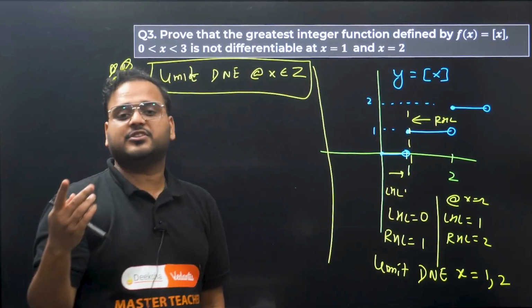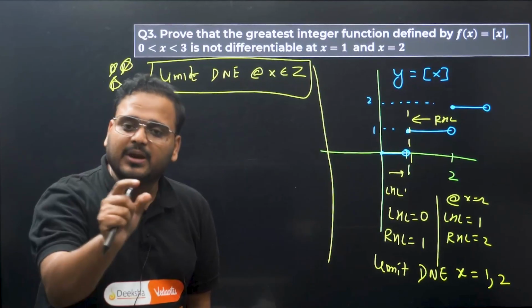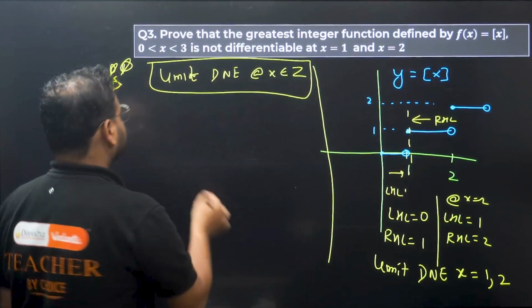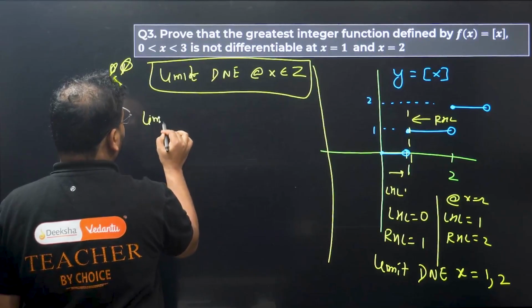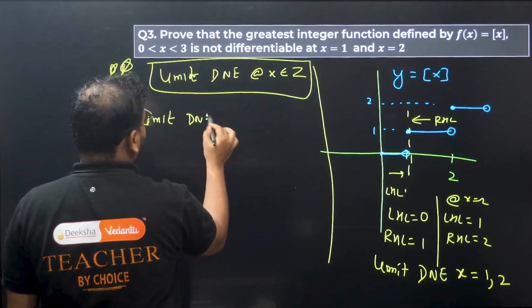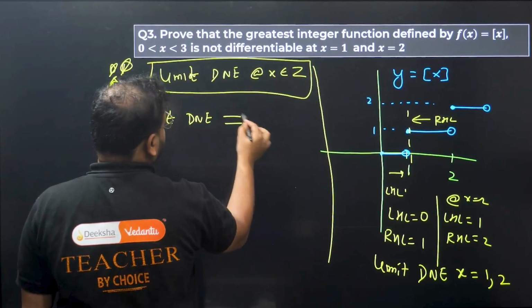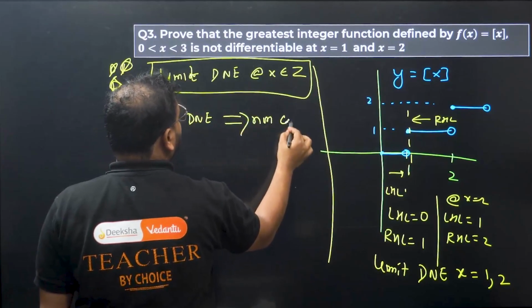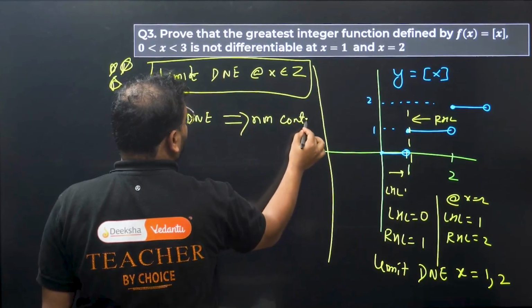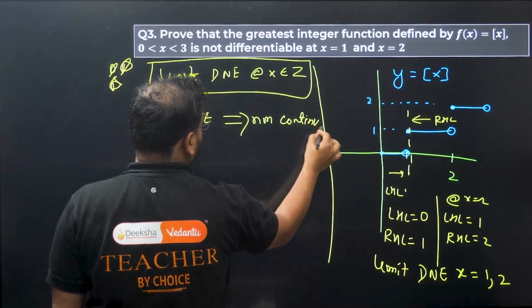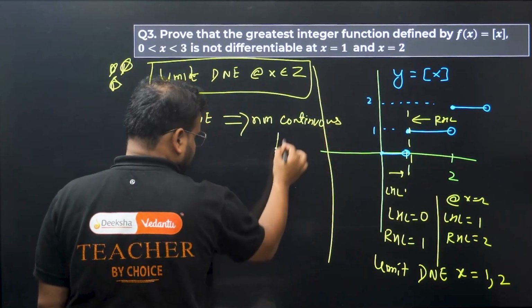What is the continuity definition? Continuity definition is the limit becomes equal to the function value at that point. So limit does not exist. It means non-continuous. What it implies?